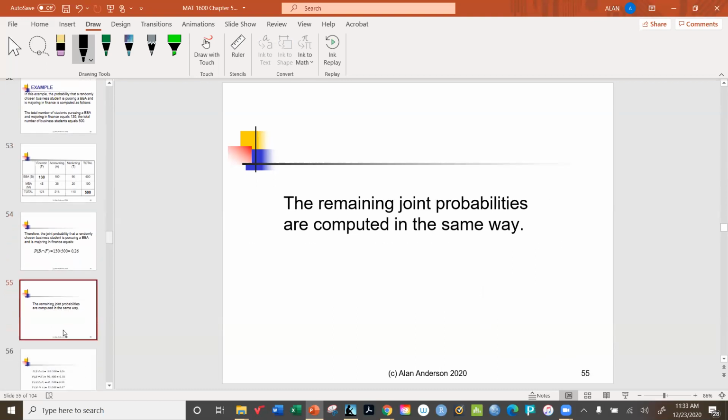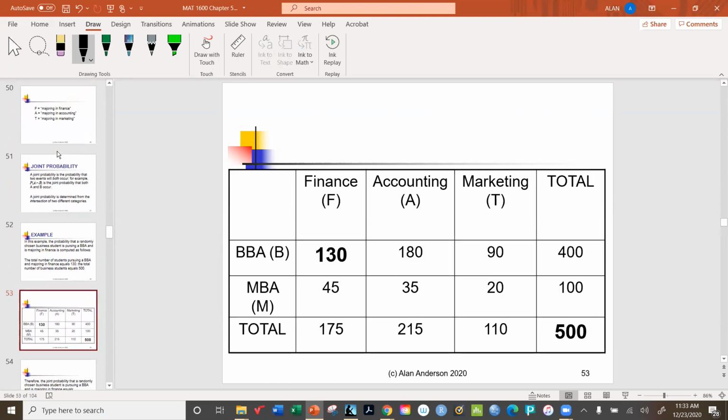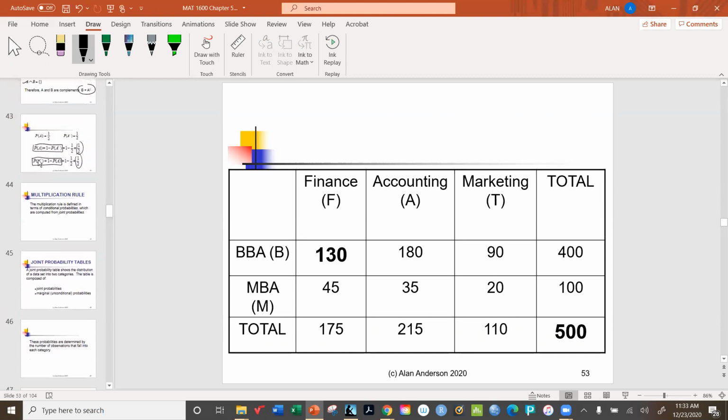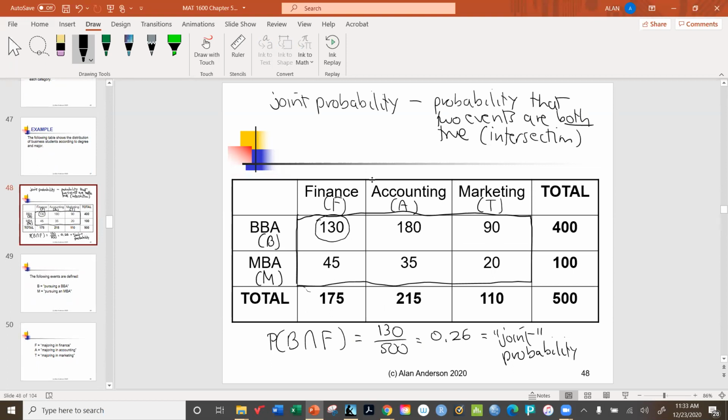How about the others? Like this first one is getting a bachelor's degree in accounting. Now, by the way, let me try something here. I suspect that I could copy this chart into a new slide so we don't have to keep scrolling back and forth. So let me try this.